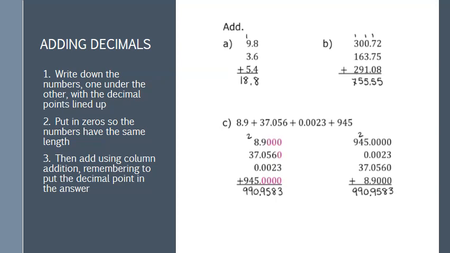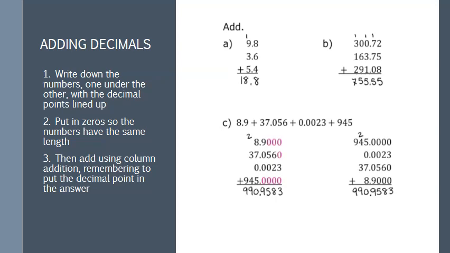Where the zeros are in pink, you don't necessarily have to put them there, but sometimes if you want to make your addition easier and less complex, you can put the zeros there just to make it so each decimal number has the same amount of values. So it's actually like saying, what is 9,000 plus 56 plus 23 plus 0. It's kind of like each one of the decimal numbers now has 4 digits, which makes it easier when you do the addition.